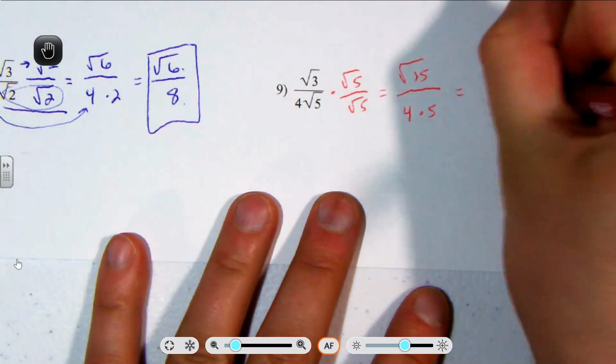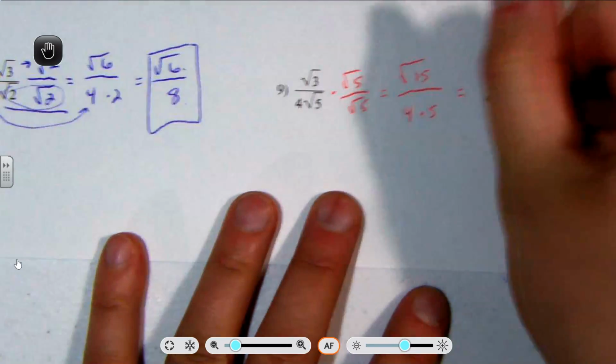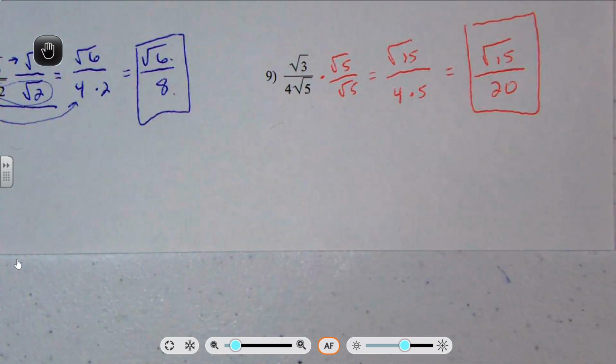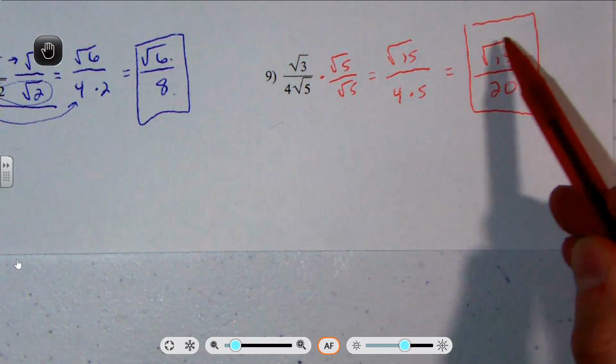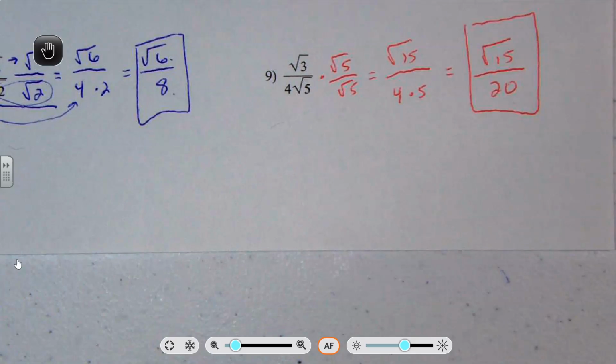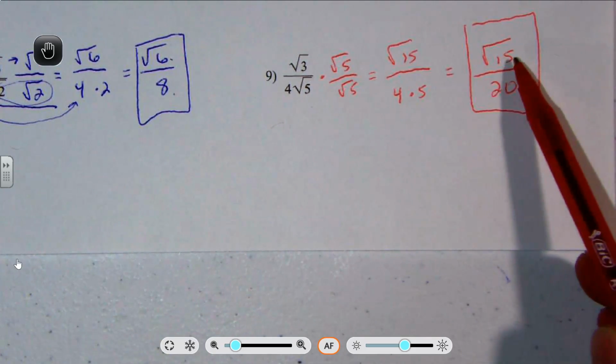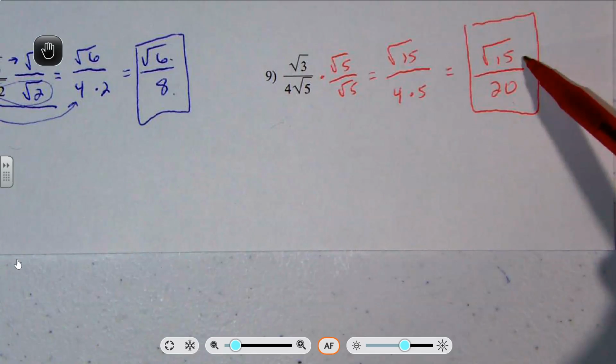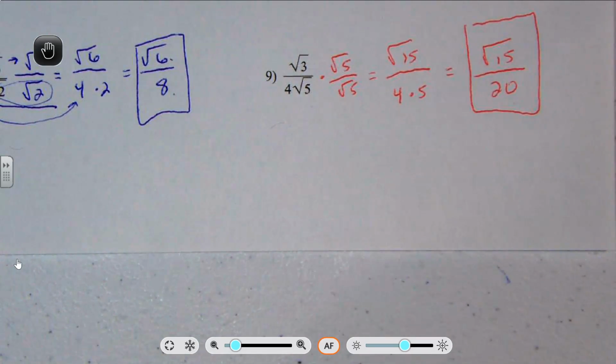So then square root 15, 4 times 5 is 20. Again, I cannot simplify those things anymore because 15 has a radical, 20 does not. So I can't say that that is going to take 5 out and simplify 3/4. It's not going to work. And then there's no perfect square in 15.